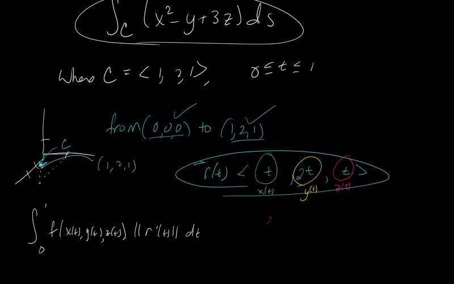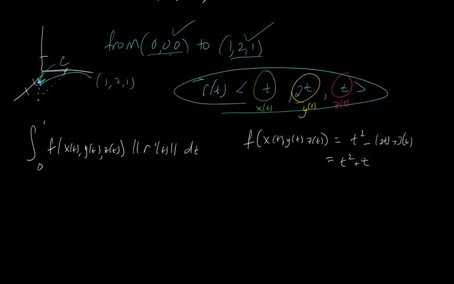So f of x of t, y of t, z of t is equal to t squared minus 2t plus 3 times t. So this is going to be t squared plus t.